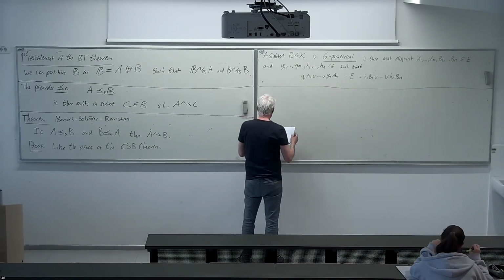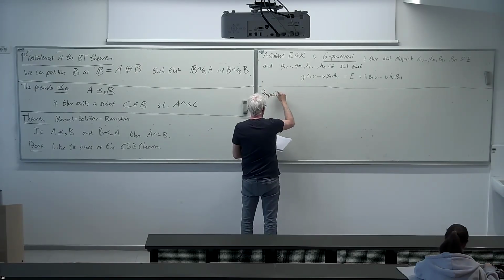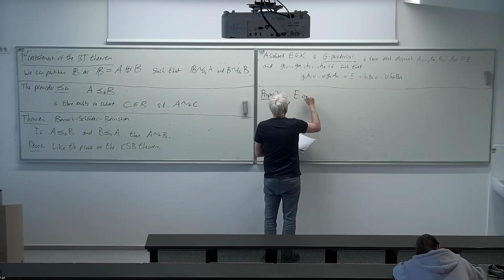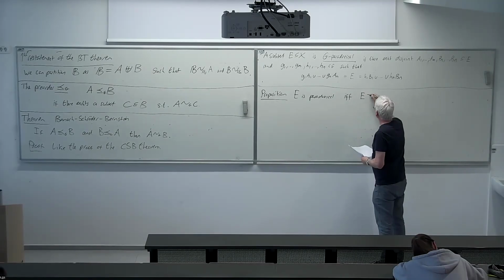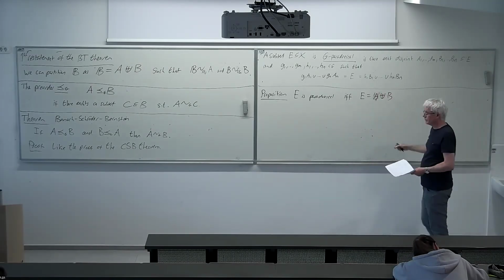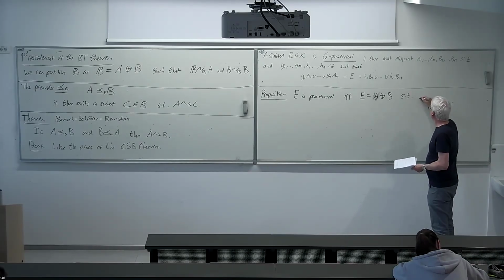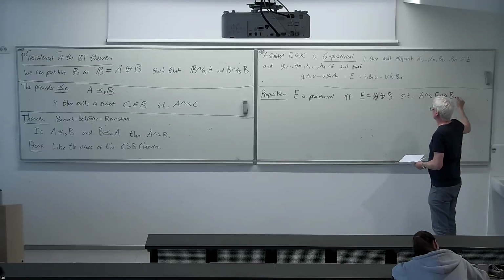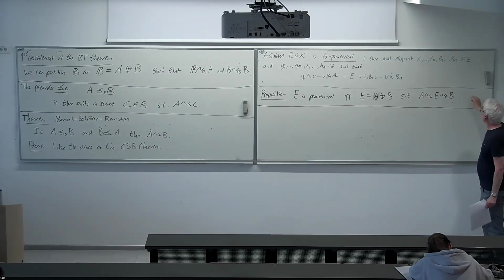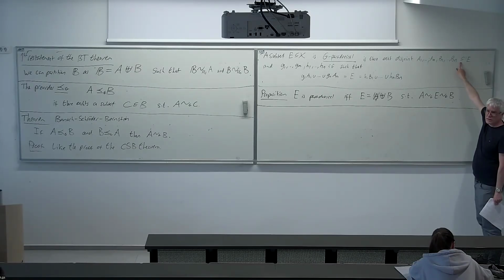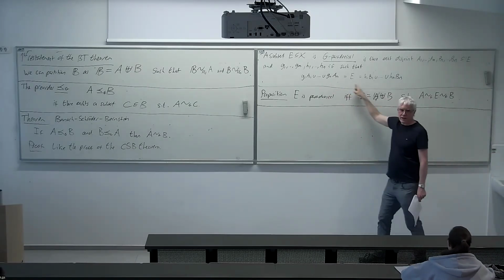And we can state that easily using the notation we've got. So that's a proposition, which is that E is paradoxical if and only if we can partition E into two pieces A and B such that both A and B are equidecomposable with E. And essentially what that's saying is we would have got the same notion if we'd made this an equality here, and if we'd required that we get disjoint unions here at the end.